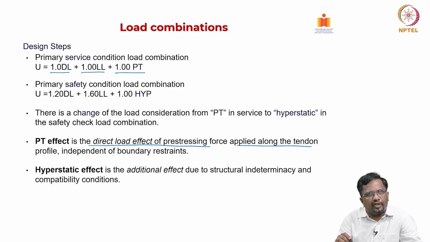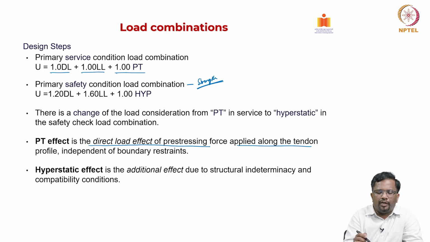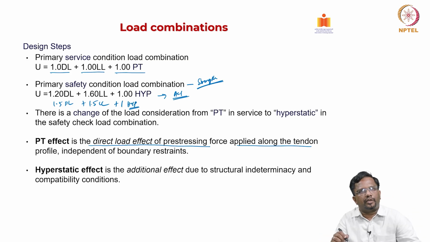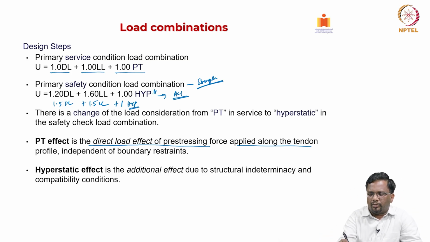However, for safety conditions, for strength checks, when you are calculating whether the provided PT cable is really adequate for that moment, then I need to use, for example, as per ACI... So, if you are using IS code, I will put 1.5 DL plus 1.5 live load plus 1 times hyperstatic moment. So, this is as per ACI code.